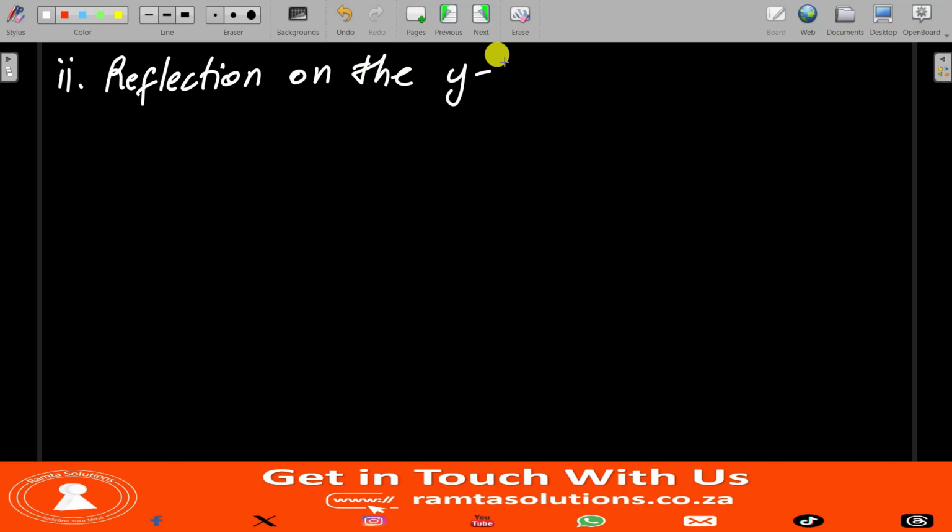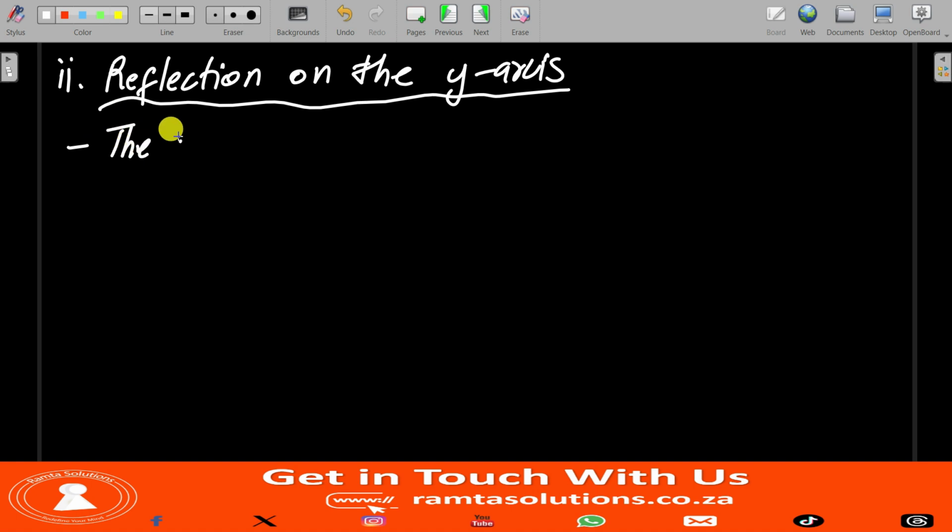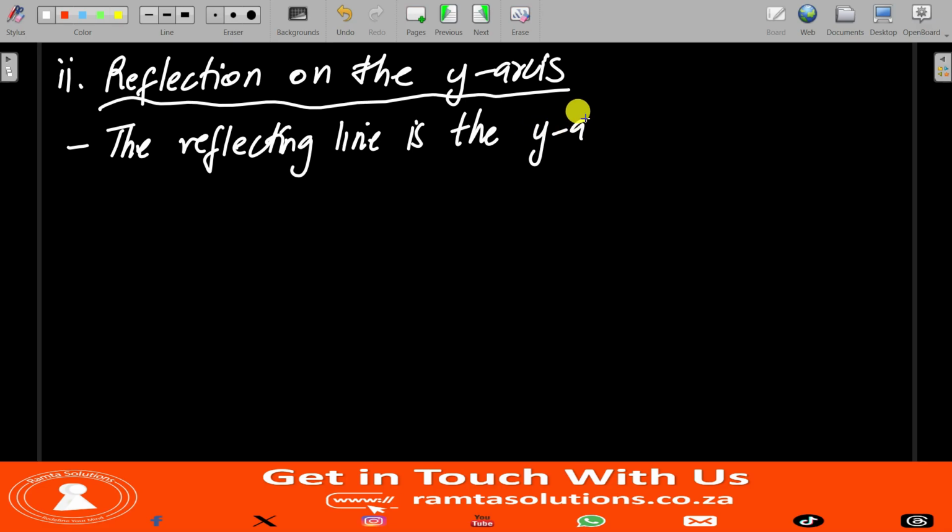With this one, what you should now imagine is this: the reflecting line is the y-axis. Now, what is happening here?